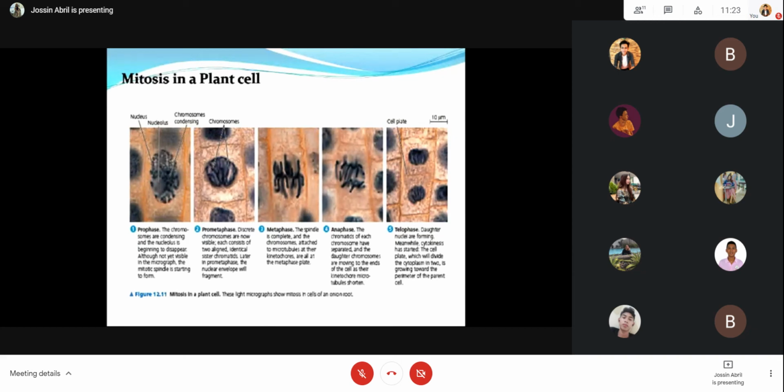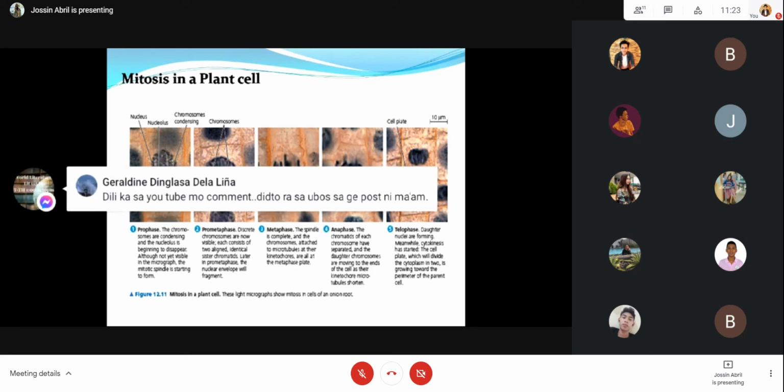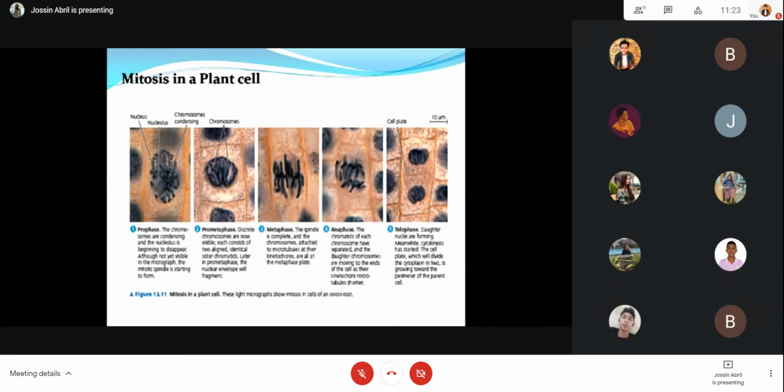However, there is a difference in the formation during cytokinesis: plant cells have a cell plate that appears in the telophase, the last phase, ma'am, while animal cells have a cleavage furrow.